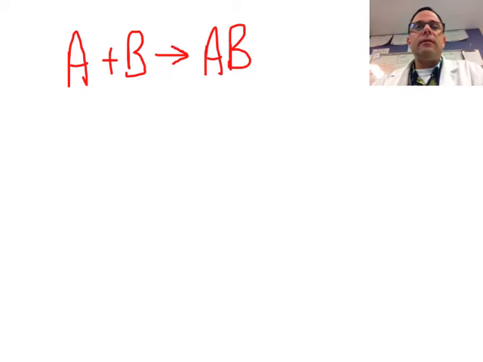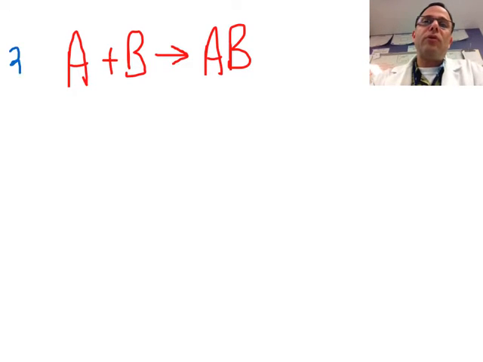So what would a question look like if it was an endothermic reaction? Let's just put here A plus B yields AB. Now, if it required the input of energy to make it happen, then this reaction would have to absorb energy.